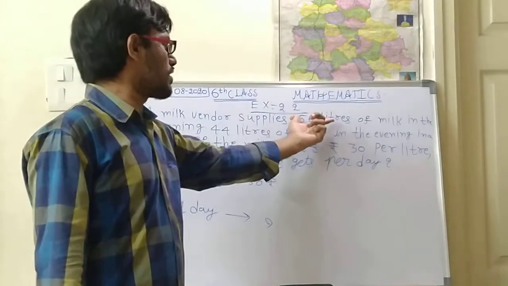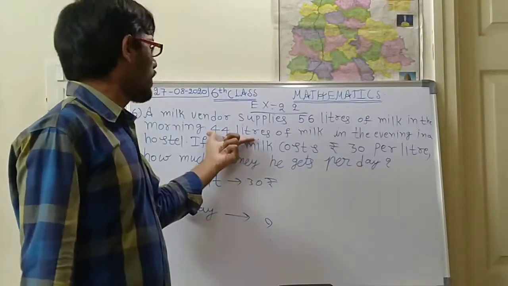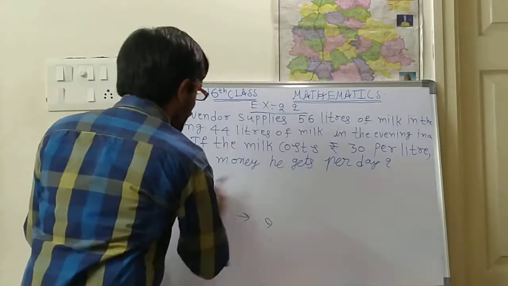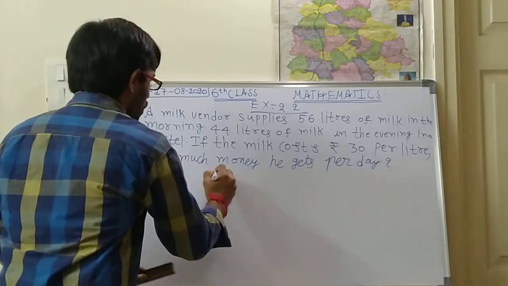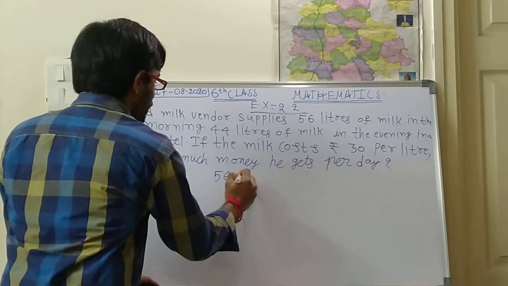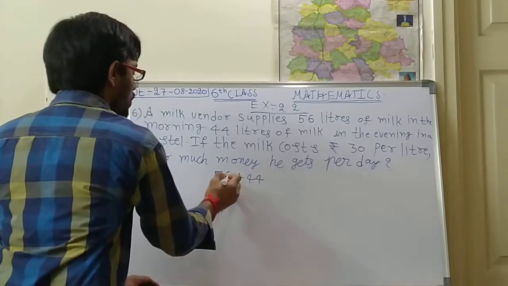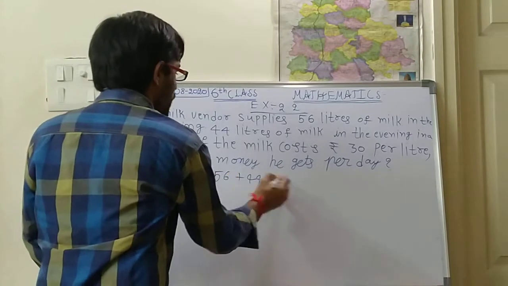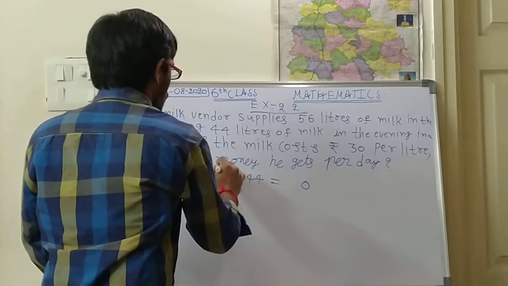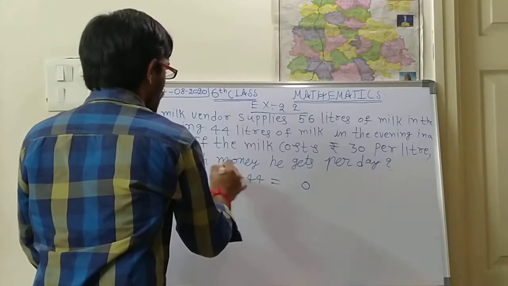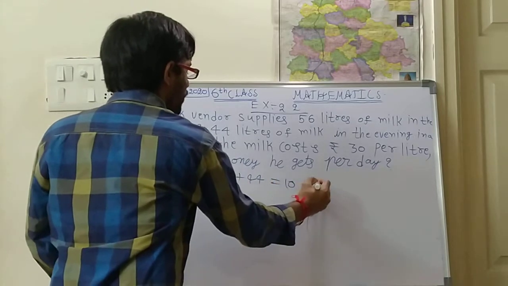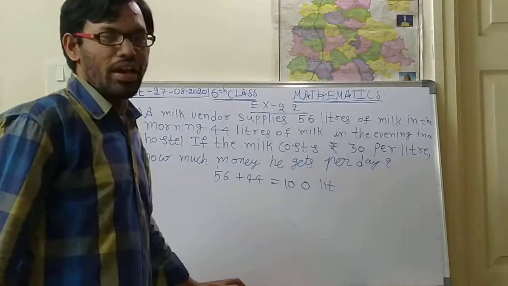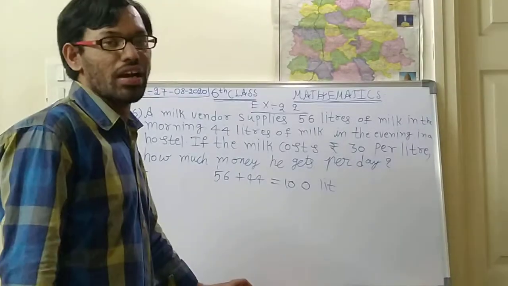At morning 56 liters and at evening 44 liters. So totally how many liters was he supplying per day? 56 plus 44. 6 plus 4, 10, 0, carry 1. Next 5 plus 4, 9, 9 plus 1, 10. So every day he is supplying 100 liters of milk.